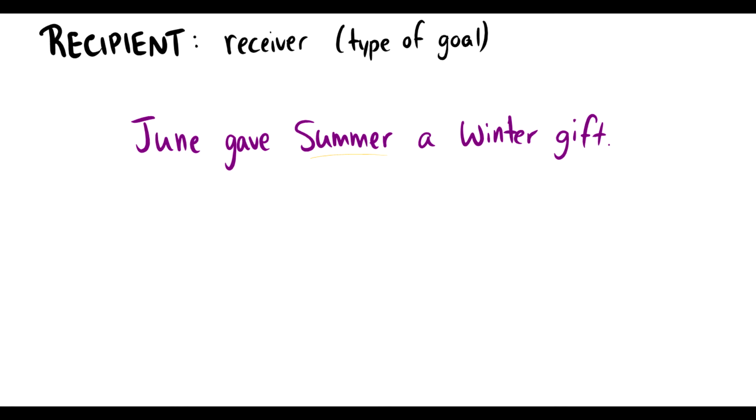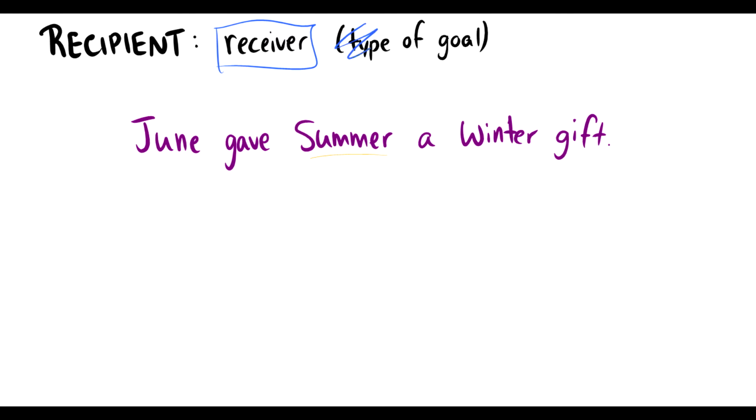So there is one thing. There is a recipient, and when I said Mary gave June a pot or whatever, well, there's another role there, and that's the recipient. It's the receiver. It is sort of a type of goal, but I would suggest you just focus on this notion of receiver.